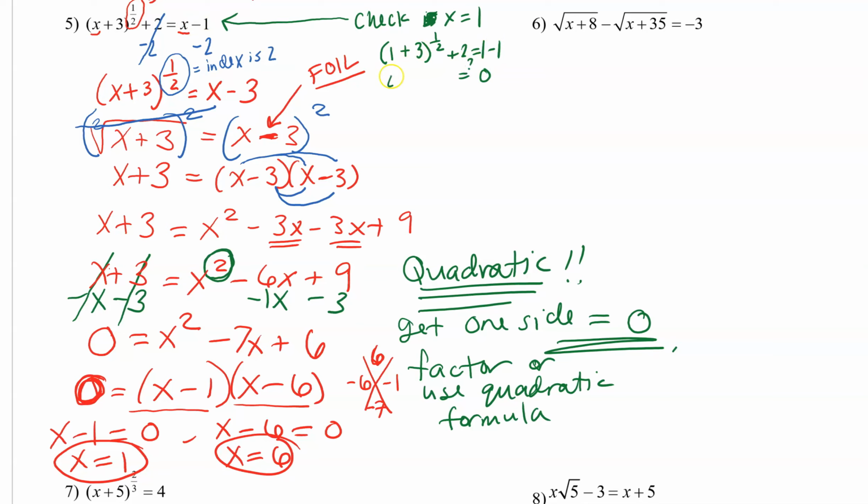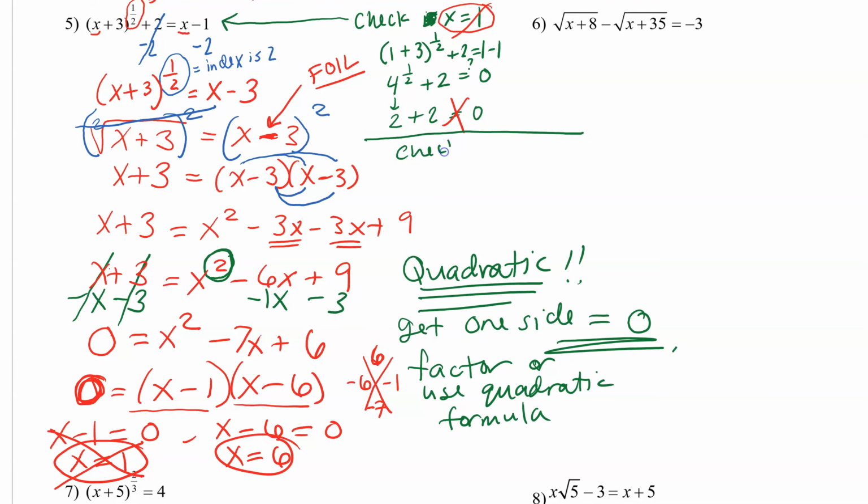And then on the left side, I get 4 to the 1/2 plus 2. Well, 4 to the 1/2, that's one of the two factors that multiply to equal 4, or you can think of that as the square root of 4. So that's just 2. But 2 plus 2 is not equal to 0. Okay, so right away I can see that my solution that said x was equal to 1 is actually not a solution.